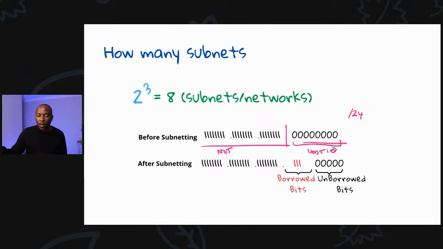But we want to carve this IP address block into something smaller that we can share across the organization. So we are going to borrow 3 bits. And remember, the first question of the 5 questions was, how many networks do you want? Now I'm going to jump. I have a slide later on that was probably going to cover this aspect, but I'm going to bring it down a bit earlier.